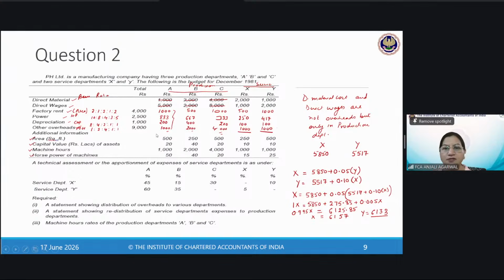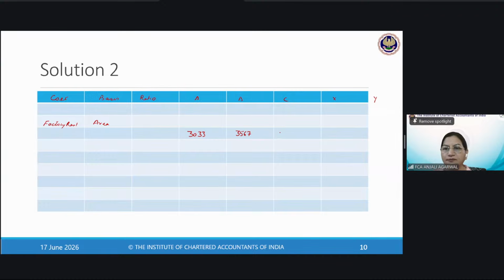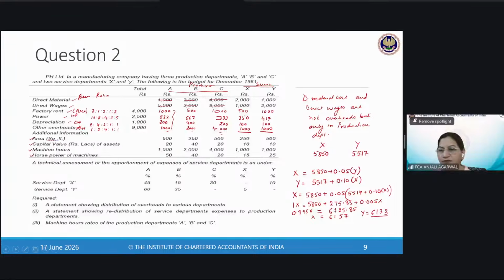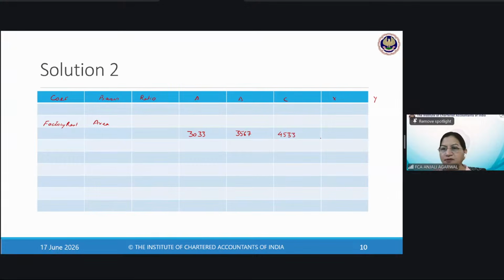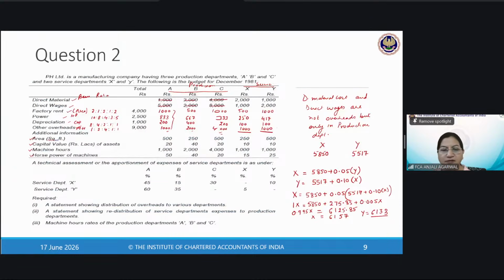And the total of C is 4533. The total of X comes out to be 6157. I'm just writing it here. It's not actually 6157, okay? And 6133.